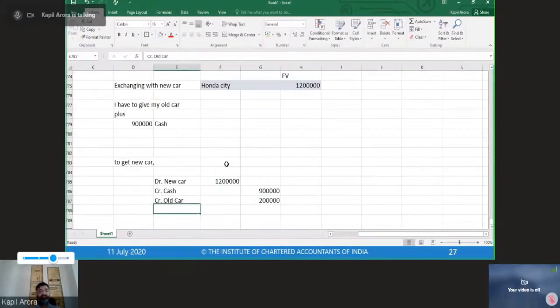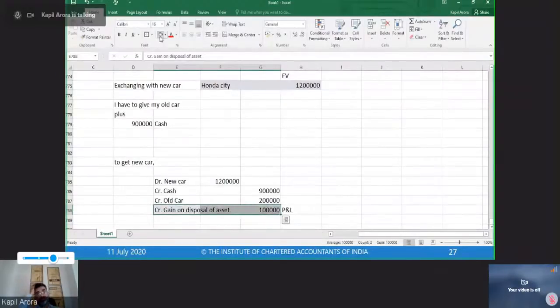It means that by giving 9 lakh and a 2 lakh asset, I have got an asset worth 12 lakh rupees. If that has happened, there is a profit, or I would say gain on disposal of asset. That will go to the profit and loss account. I hope everybody is clear with this.